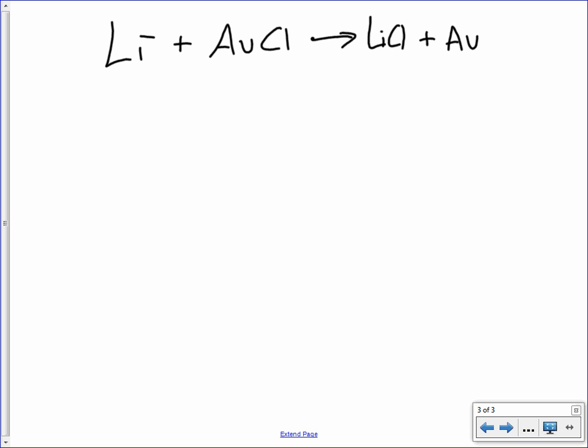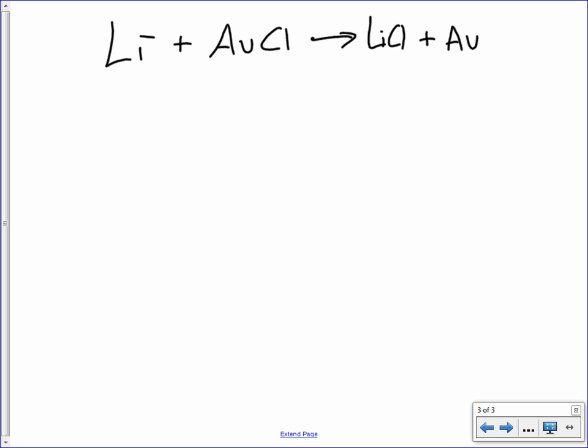So let's try a single replacement. So let's say we have lithium reacting with gold chloride, and we get lithium chloride and gold. All right.